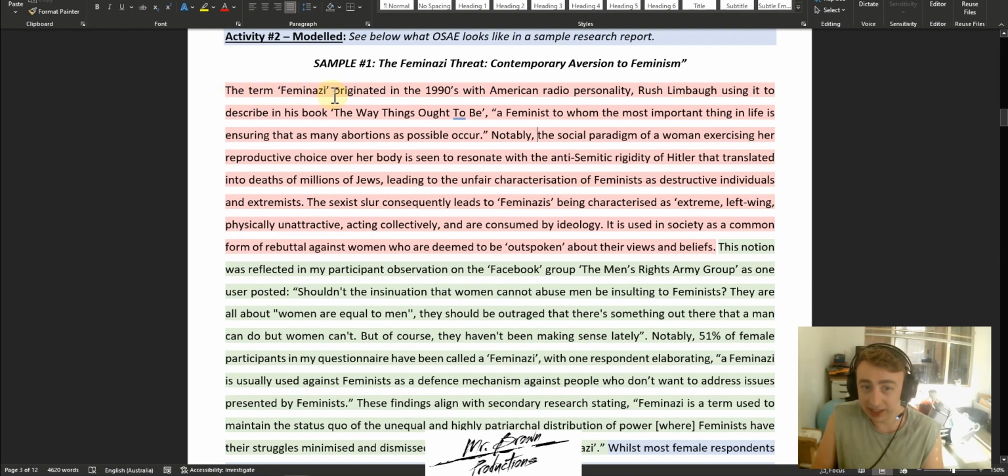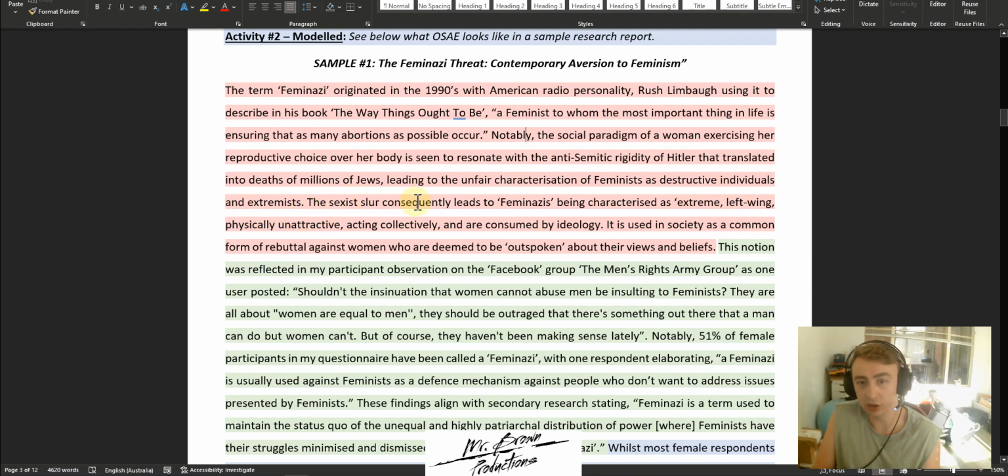So the term feminazi originated in the 1990s with American radio personality Rush Limbaugh using it to describe his book, The Way Things Ought to Be, a feminist to whom the most important thing in life is ensuring that as many abortions as possible occur. Notably, the social paradigm of a woman exercising her reproductive choice over her body is seen to resonate with the anti-Semitic rigidity of Hitler that translated into millions of deaths of Jews, leading to the unfair characterization of feminists as destructive individuals and extremists.